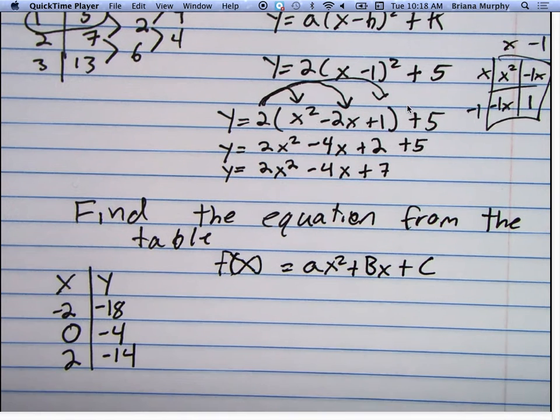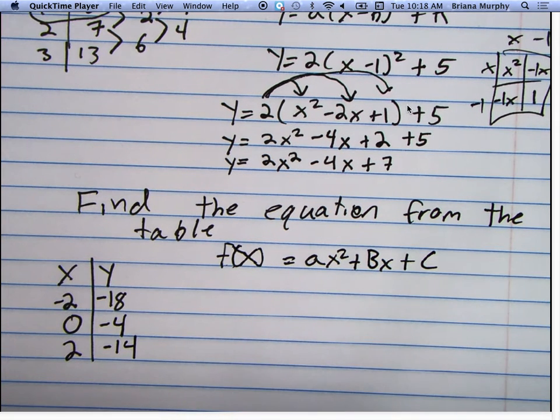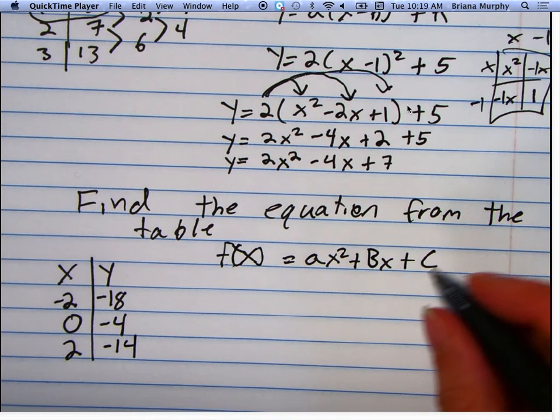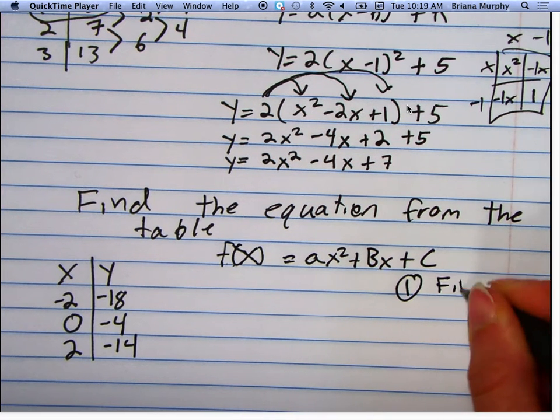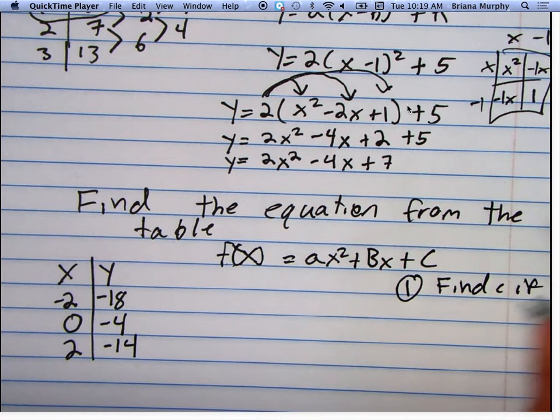All right, what would you choose for x to be to get rid of everything and just have c by itself? What would x have to be? X would have to be 0. Do I have x as 0 over there? Okay. So my first step is find c if possible.